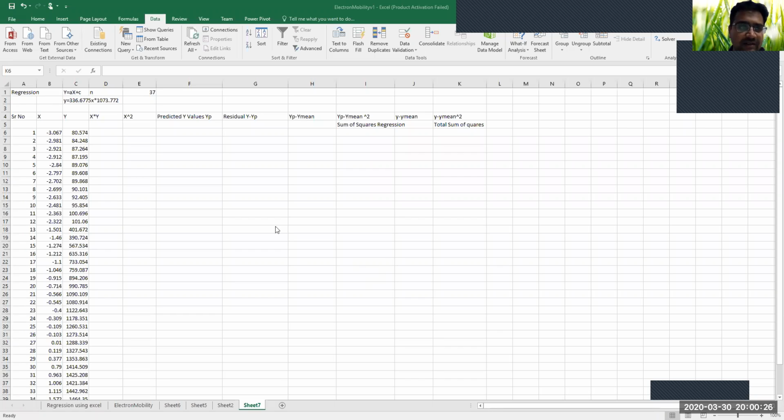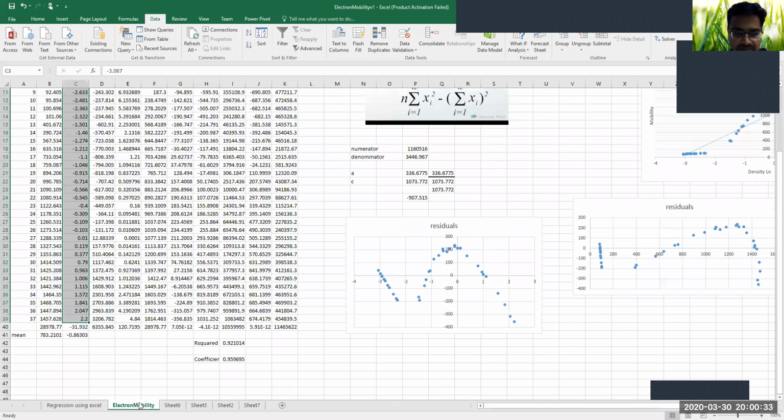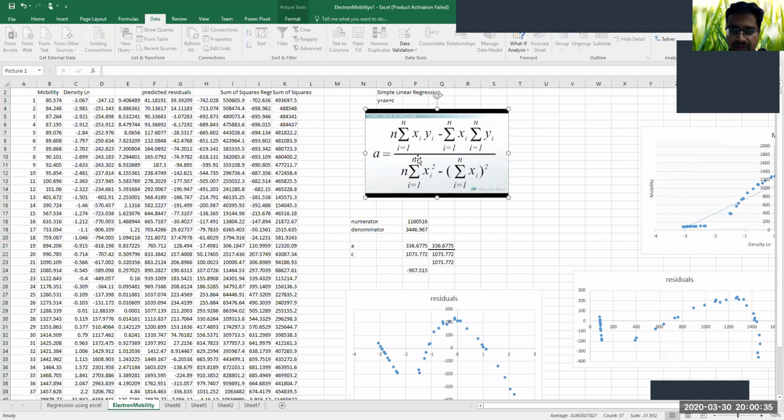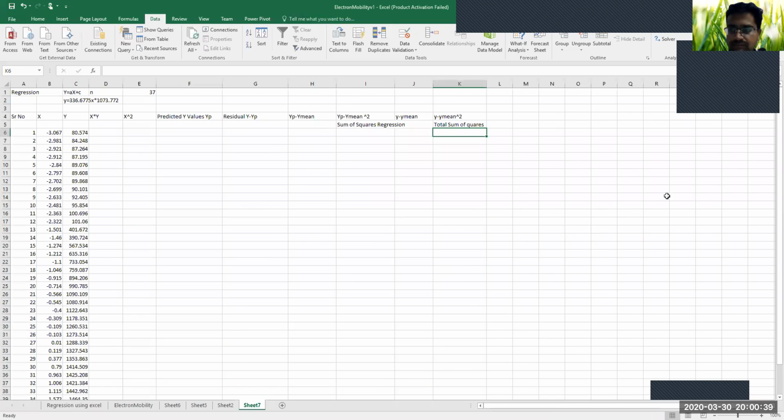So we will do linear regression using Excel. I already set a few important points. So I'll paste one more formula from here. Put it here.